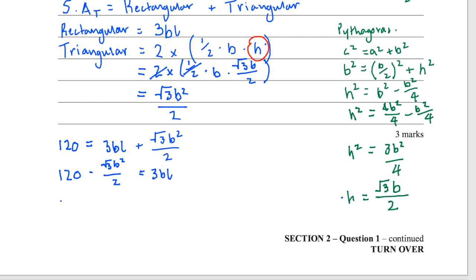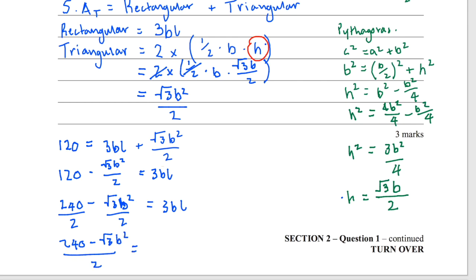Let's do it super clearly: 240 on 2 to get common denominators. The square root of 3b squared on 2, that's a b, equals 3bl. So that gives us 240 minus square root of 3b squared, all over 2, is equal to 3bl.